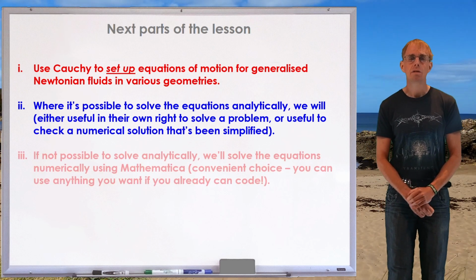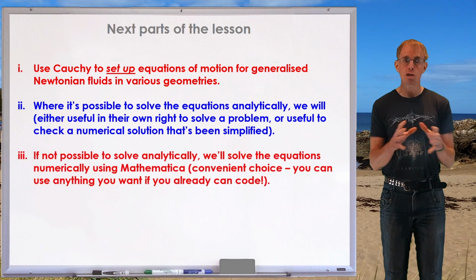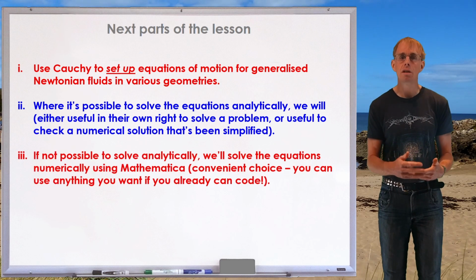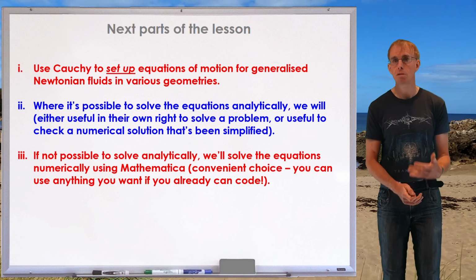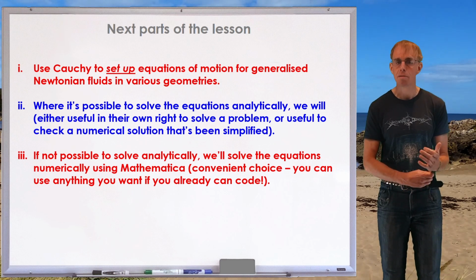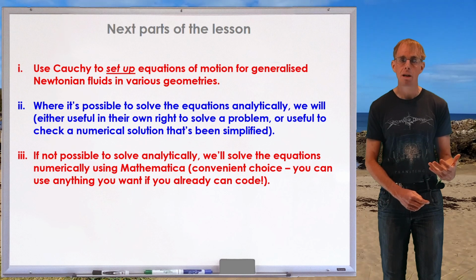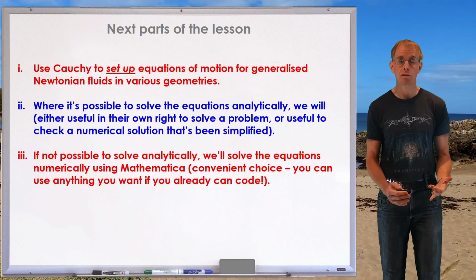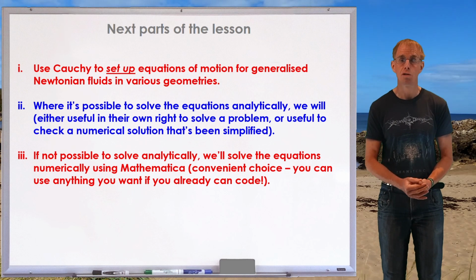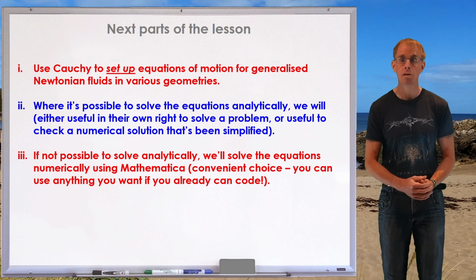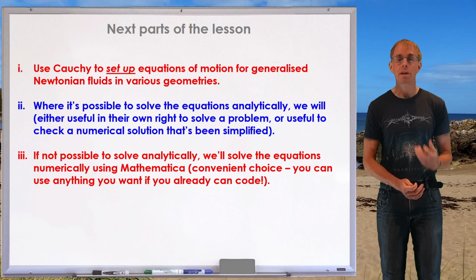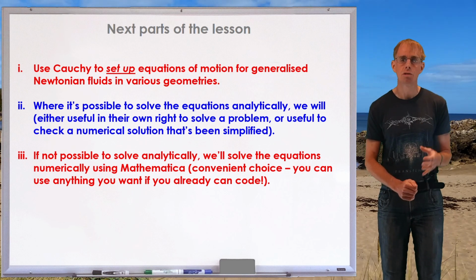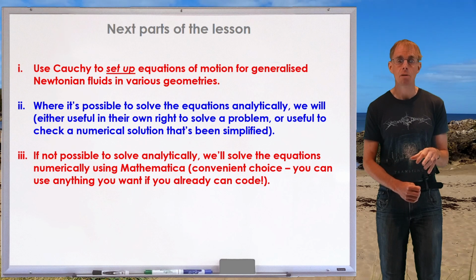Then what we're going to do is, using those equations that have been set up using Cauchy, look at one that we can't solve analytically, and we're going to solve it numerically. And I'm going to choose Mathematica as a numerical platform. The reason I've chosen Mathematica is purely for convenience. It's not my personal first choice. My personal first choice would be to code something up in Python or use MATLAB, but that requires an extra level of programming knowledge that this course simply doesn't have time to deliver.